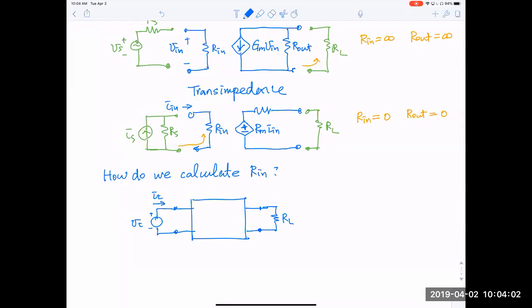So Rin is basically equal to the test source VT divided by IT with no RS. You take away RS. You don't want to confuse RS with the circuit that you want to analyze. But the load does affect what the source sees as impedance. So you do need to include RL.